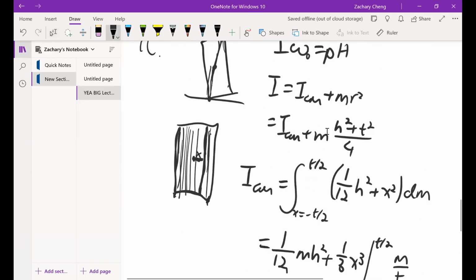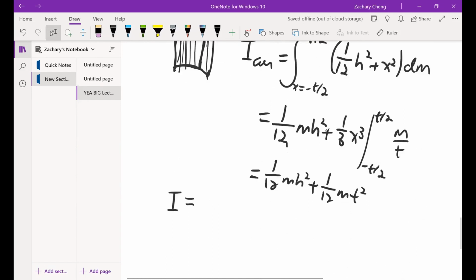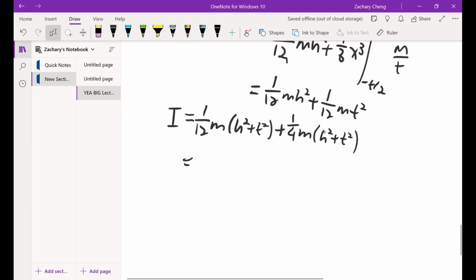So now going back to this, I is just equal to this plus mr squared, or mh squared plus t squared over 4. So this is just 1/12 m(h squared plus t squared) plus 1/4 m(h squared plus t squared). This we can simplify to 1/3 m(h squared plus t squared).